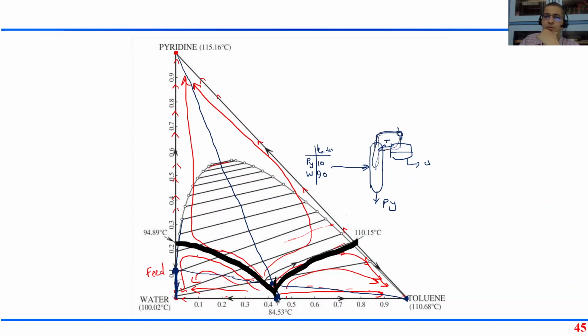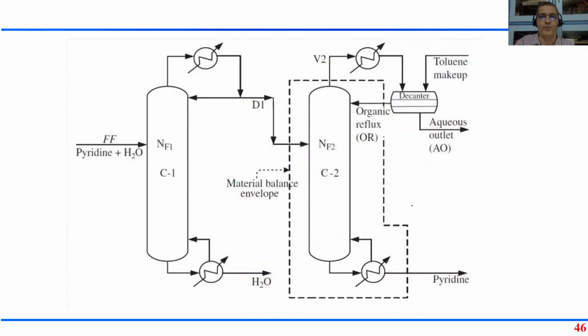So the toluene keeps on moving around like this. And in this top part of the distillation column, we would have a two-phase mixture. In the bottom part, we have essentially pyridine and water, and pyridine is getting enriched in the bottom. Water is getting stripped from the pyridine because of the toluene, because of the azeotrope that the toluene is forming. Okay, this is how you could do it.